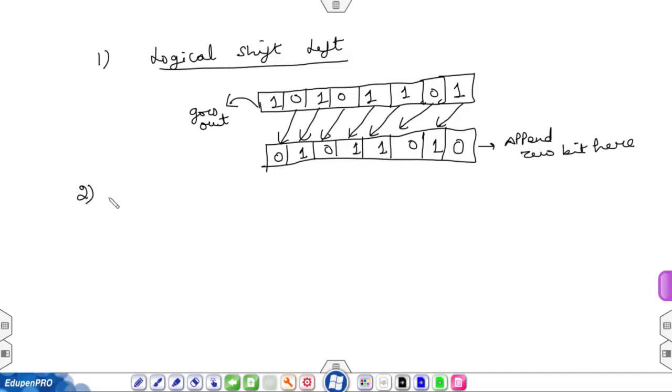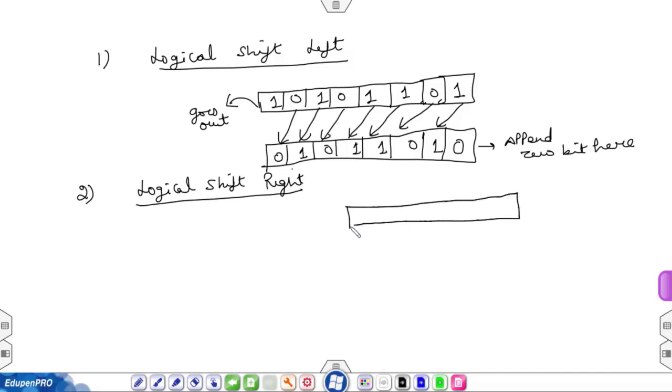Now we will discuss the logical shift right operation. What is happening here is that the rightmost bit will go out of the register and the leftmost bit will be appended with 0.